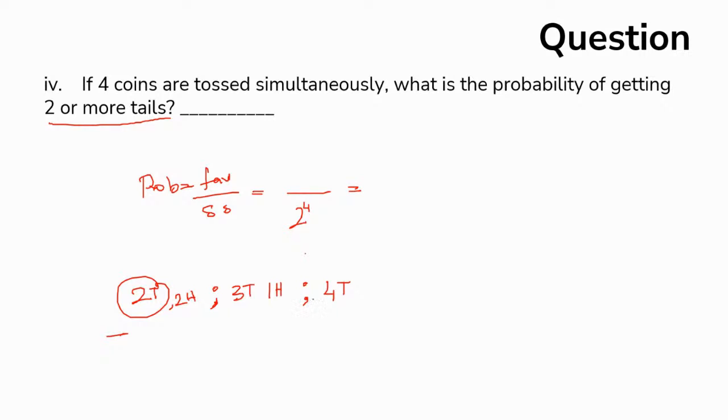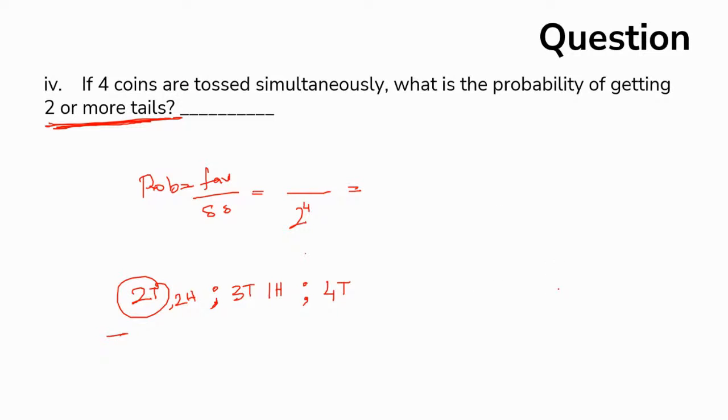So what we can do is, instead of going for these three possibilities, we can go for the unfavorable event, and based on the unfavorable event also we can solve it. So what is the unfavorable event? If they say two or more tails, getting less than two tails is the unfavorable event.